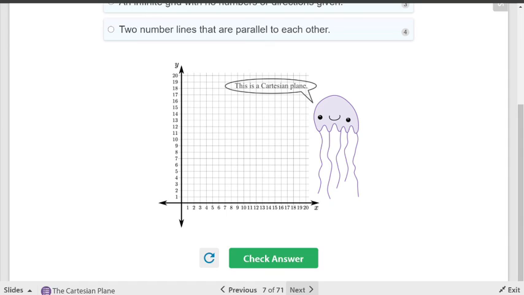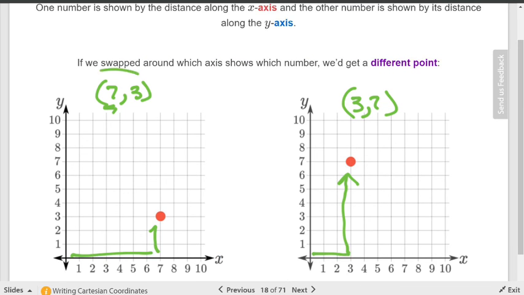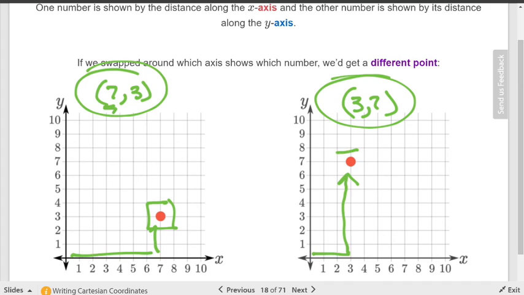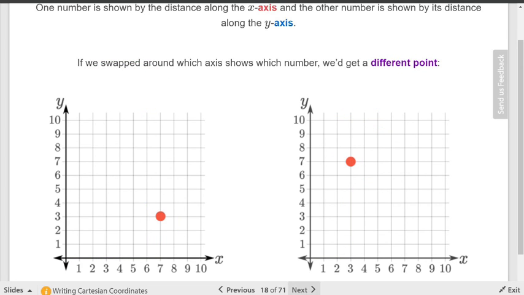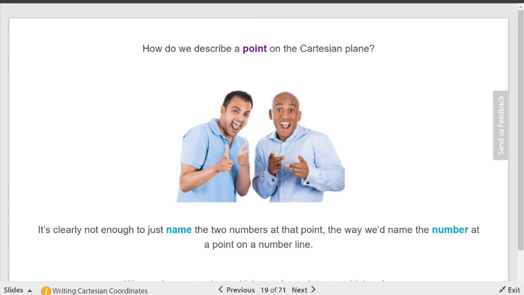Where's my list for you guys? Let's stop the recording. So remember that you can have the same numbers in a different order, and you get two distinctly different points on your graph. Okay? So be very careful about where the points are. Which one's your X and which one's your Y.